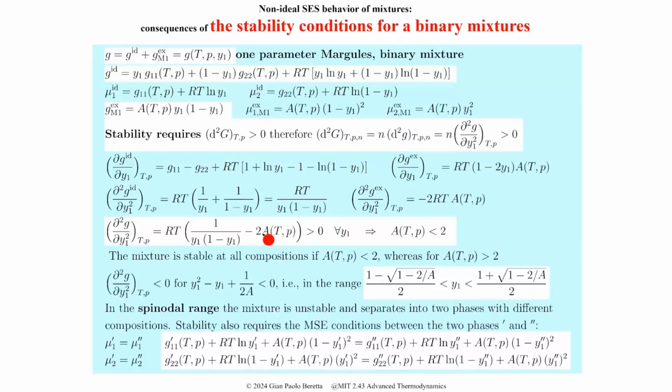So you need that A should not be too large. The maximum value of this fraction is 2. No, it's 4, because half and half. And therefore, A equals 2 is the maximum allowed value. So the stability condition is satisfied if A is less than 2.